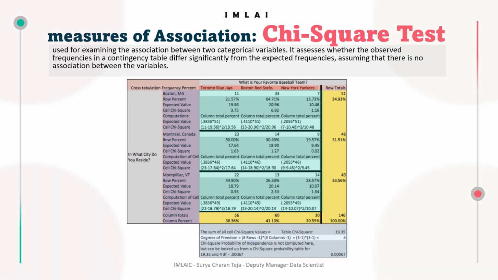Because the cell chi-square and the expected values are often not displayed, this same relationship can be observed by comparing the column total percentage of the cell percentage of the row total. In this current table, Boston Red Sox had the greatest delta between the number of observed and expected respondents.